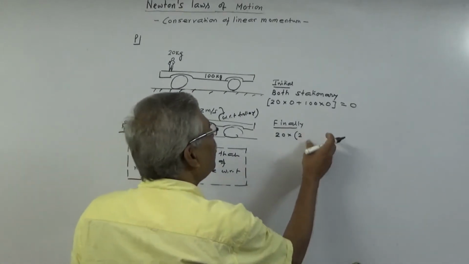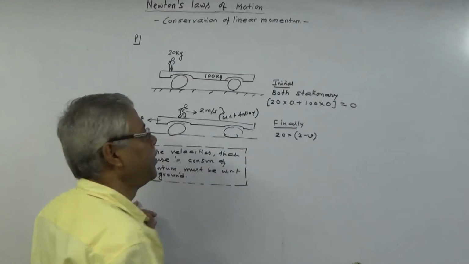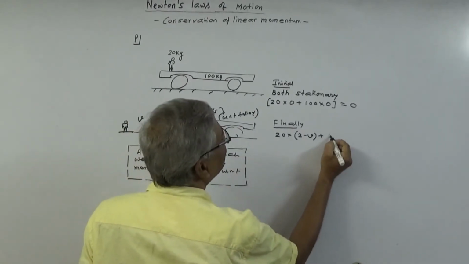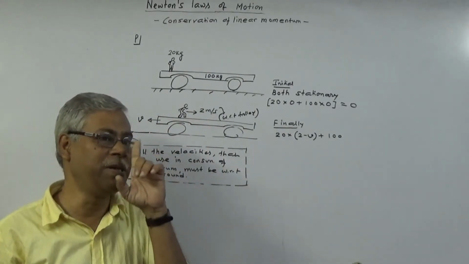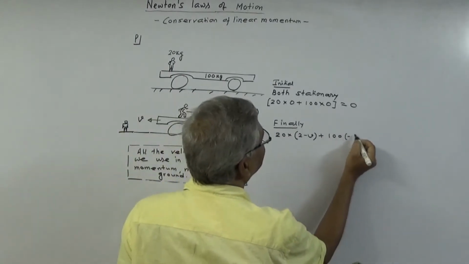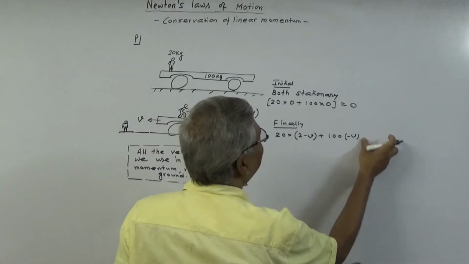So the speed of the kid with respect to ground is 2 minus v, plus the momentum of the trolley, which is 100. Be very careful about sign because momentum is a vector quantity. So 100 is negative momentum, minus v, equals this is final.